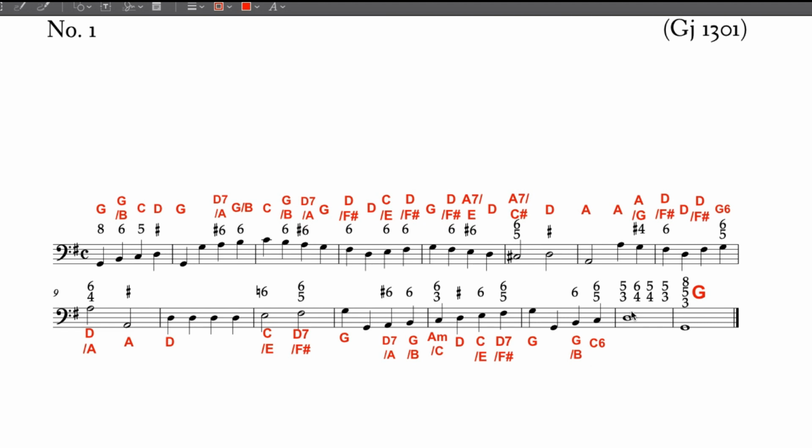And then we have this long cadence. This is a long cadence, and it goes 5/3, 6/4, 5/4. That's a sus4 chord, right? 5/3, 8, 5/3, and we do what's known as a perfect authentic cadence.